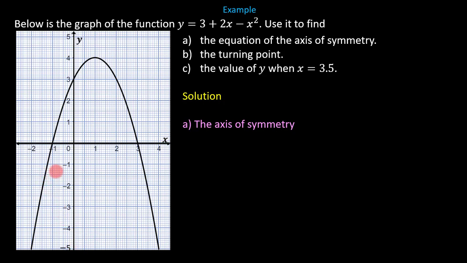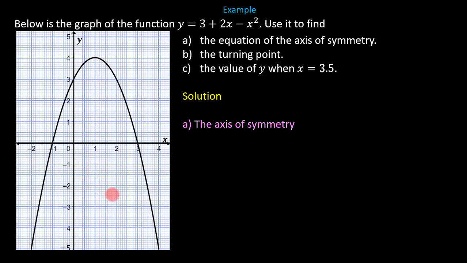So, to find my axis of symmetry, I can simply add these two numbers, negative 2 plus 4. That will give me 2. And now dividing that result by 2, I still come back to the same answer, which is 1. So again, tracing a vertical line through 1 on the x-axis, what you have is your line of symmetry or your axis of symmetry.